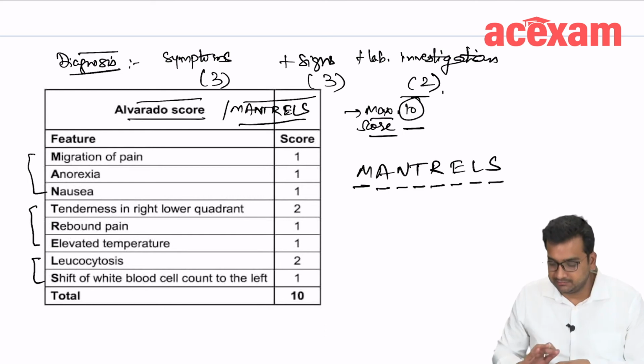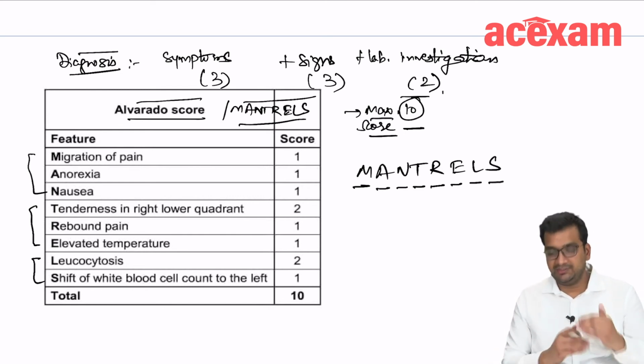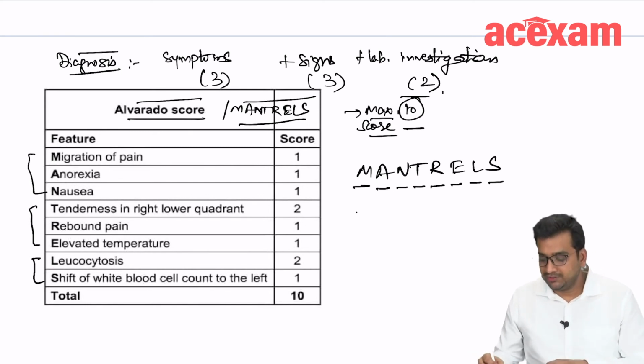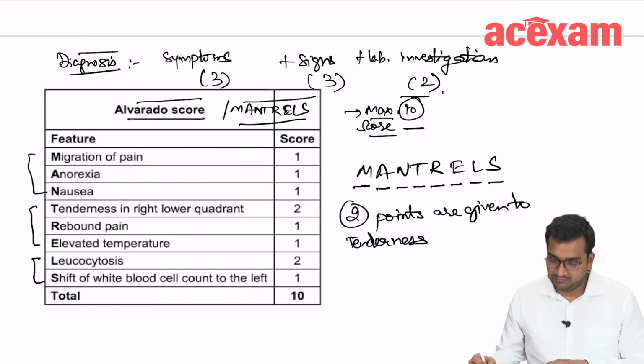This we have discussed before. Now, 1 point is given to all these features, and 2 points are given to 2 features: tenderness and leukocytosis.